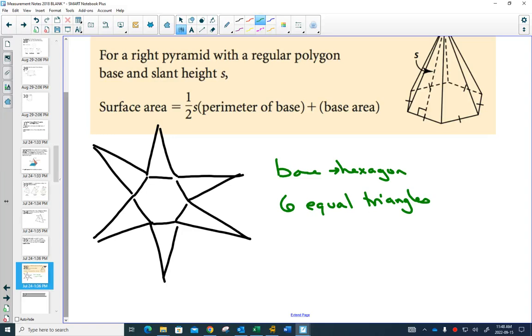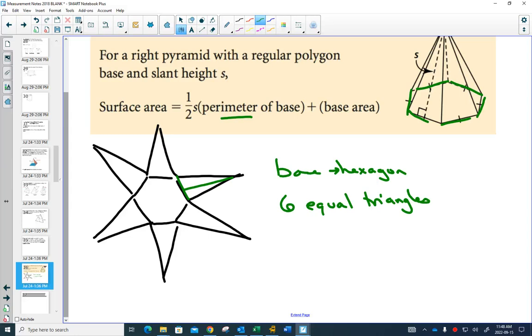Now, the formula that's here does that same idea, but they change it a little bit, because how do you find the area of a triangle? You do base times height divided by 2. And in this formula, it has the perimeter of the base of the whole thing. Can you see that the perimeter, which is going all the way around, is just adding up all 6 bases?